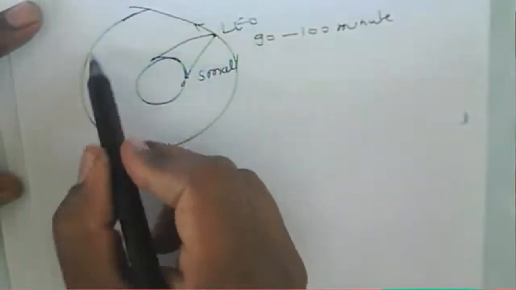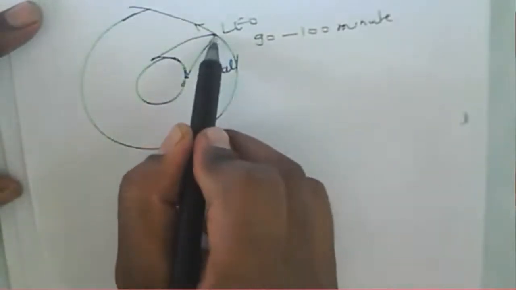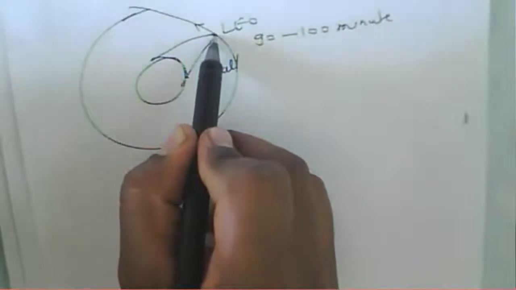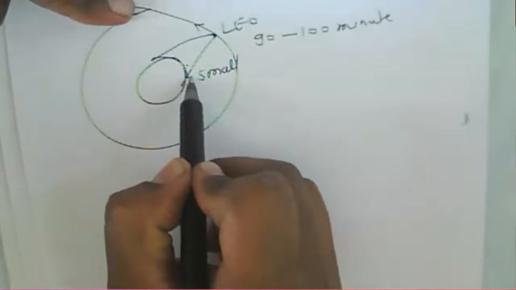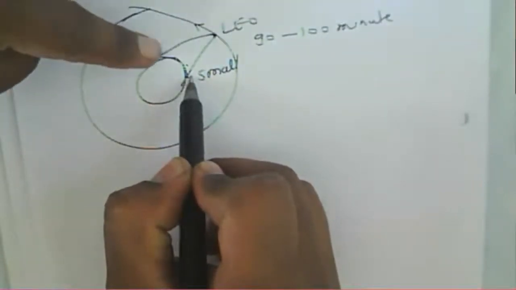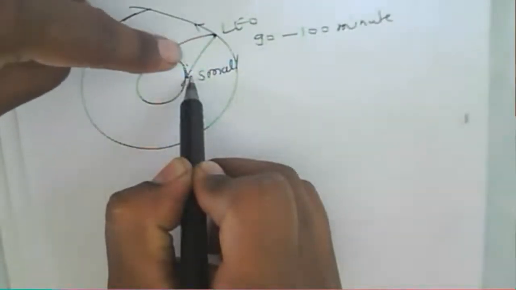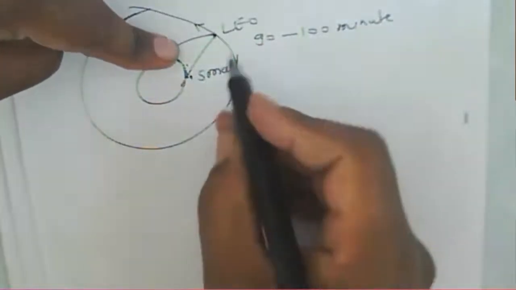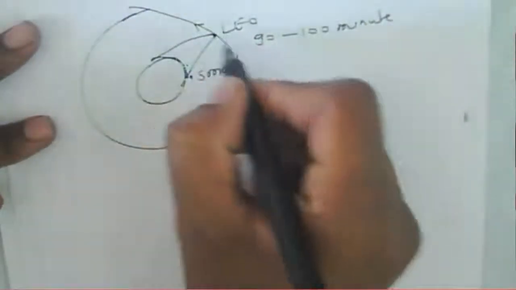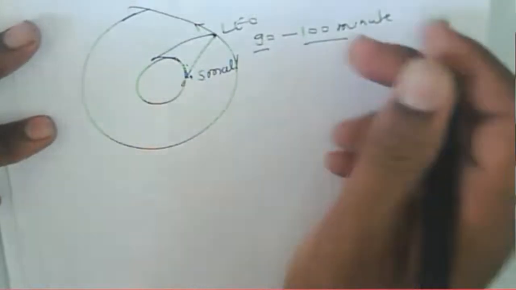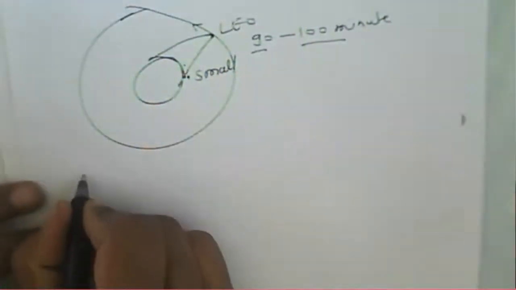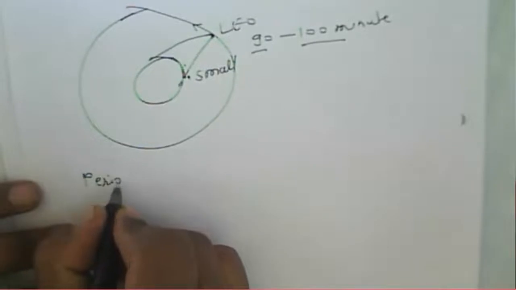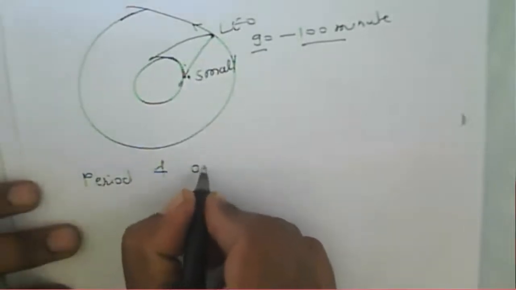Suppose it starts rotating from this place; it takes 90 minutes for one rotation. After every 90 minutes, the satellite covers this particular area. That's why we need to use multiple satellites to cover the whole Earth for a particular period.